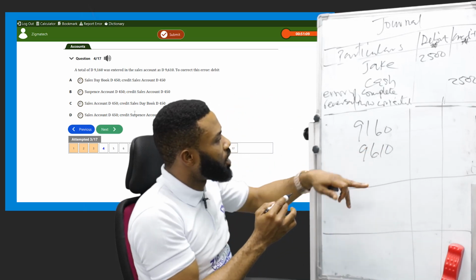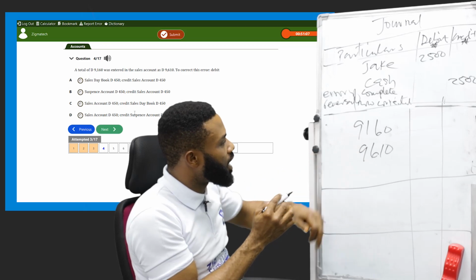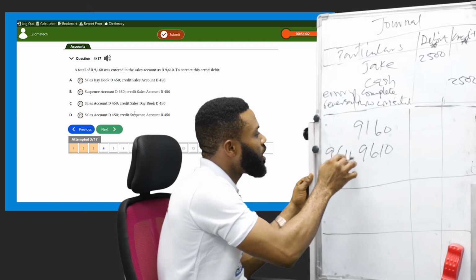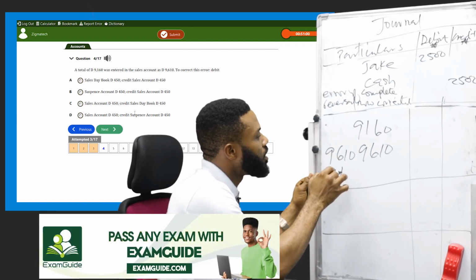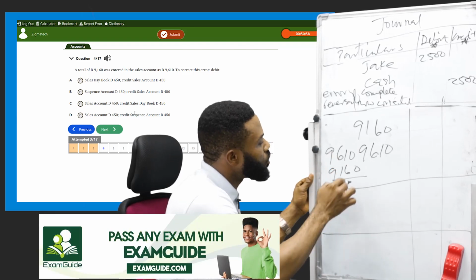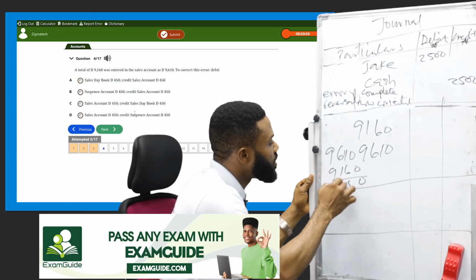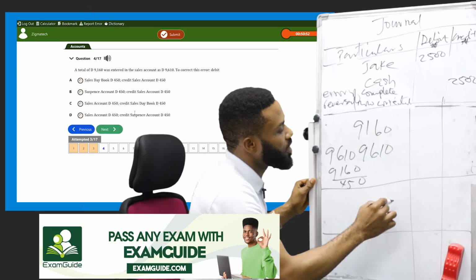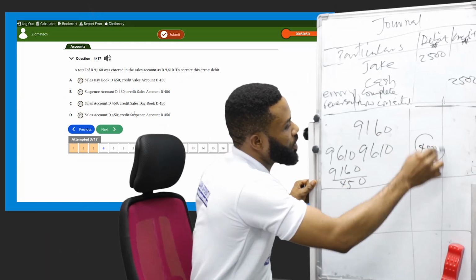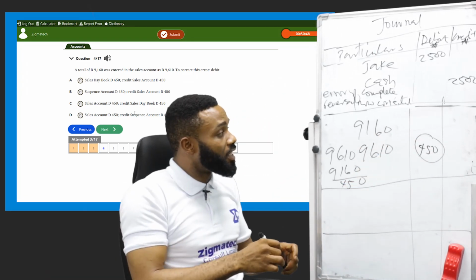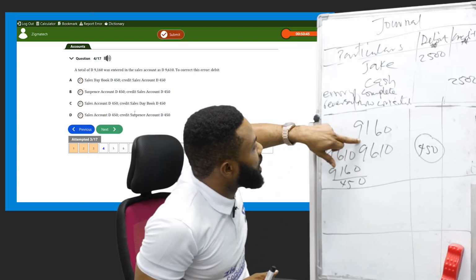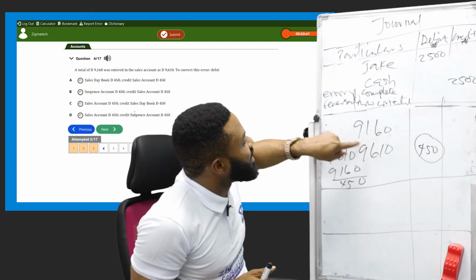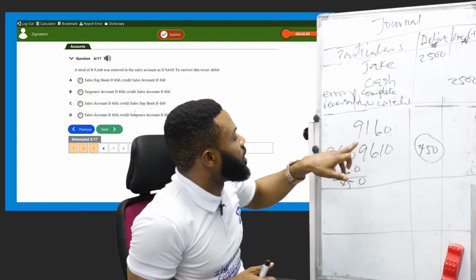This is the original figure. This is what entered the account. So if you subtract 9,160 from 9,610, the difference is 450. 450 is the difference. Now, this is the original figure, and this is what is obtainable. That means there is need to add 450 to this.